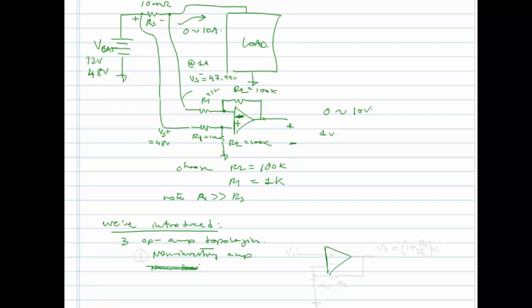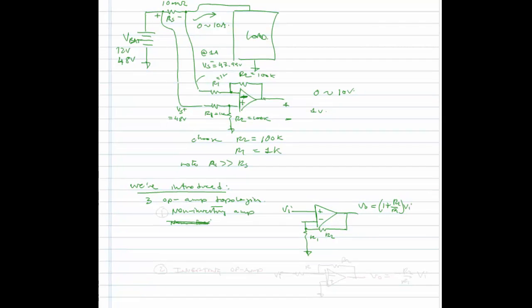That's this topology here. We have VI and a feedback resistor R2 and a grounded resistor R1. And we have VO is equal to 1 plus R2 over R1 times VI.